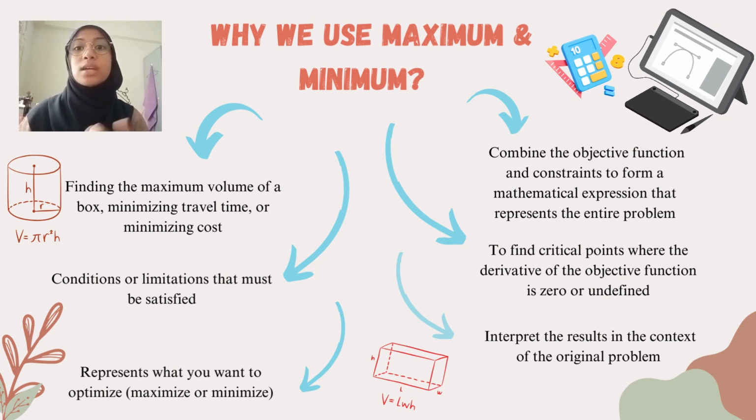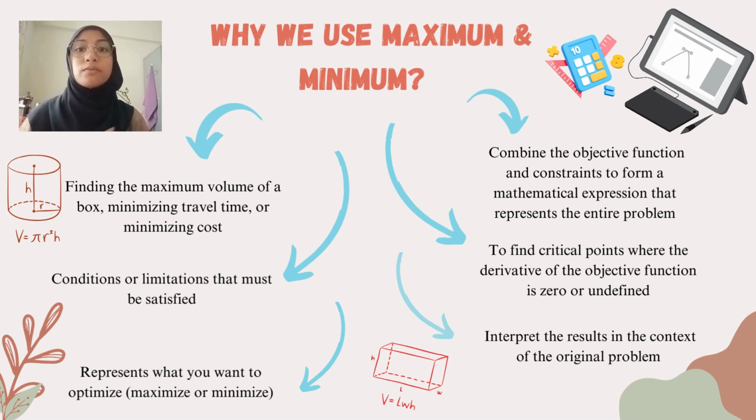Then, we use calculus techniques, particularly differentiation, to find critical points where the derivative of the objective function is 0 or undefined. These critical points may include potential maximum or minimum values of the objective function. Once critical points are identified, we check whether they satisfy all the constraints given in the problem.